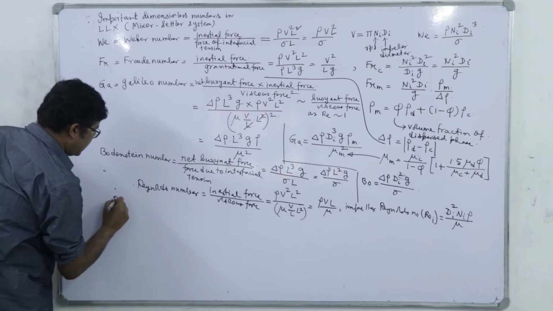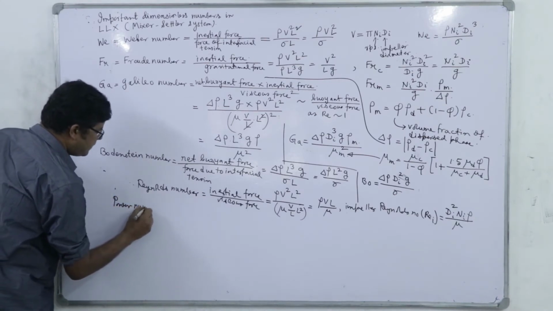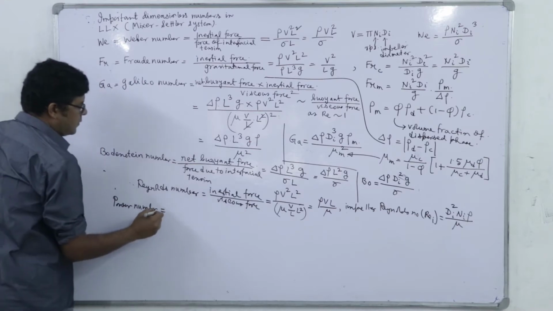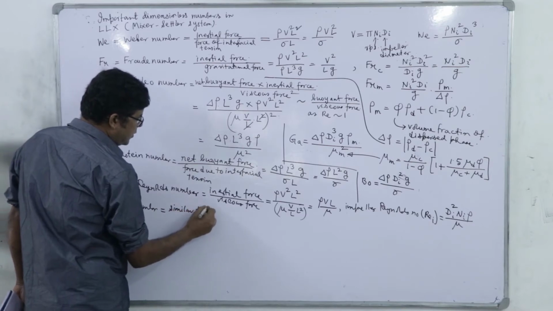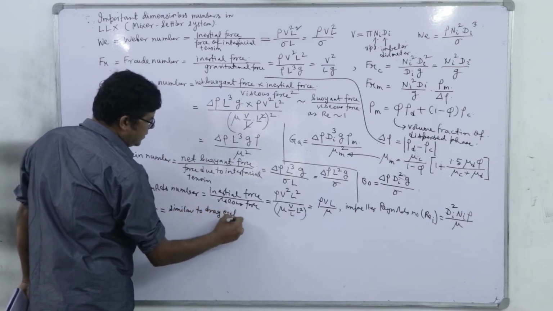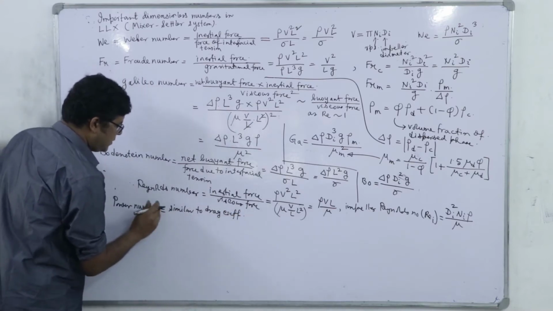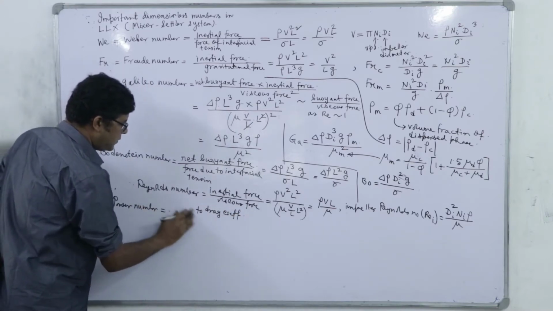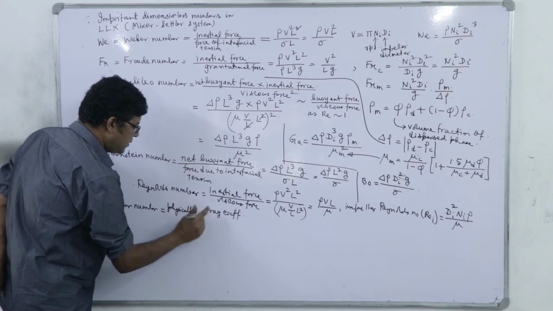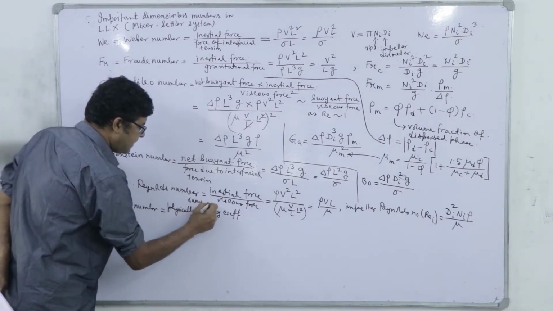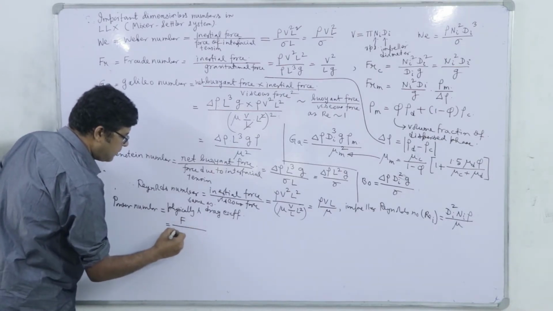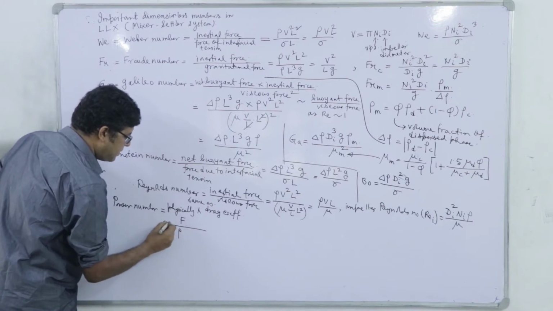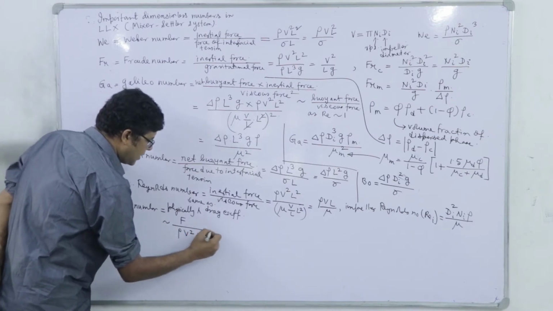So, next is the power number. It is similar to the drag coefficient, or physically the same as the drag coefficient, and the drag coefficient, you know, the drag force is in the order of rho v squared L squared, half we drop.